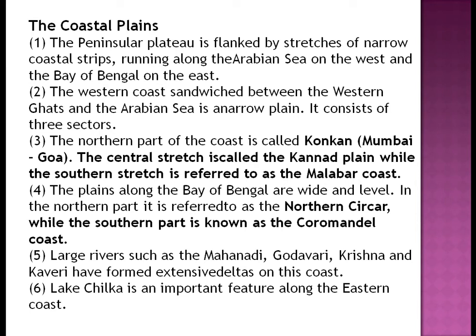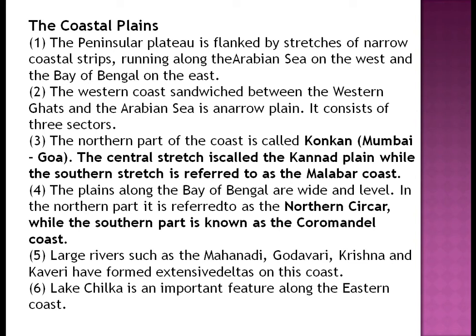It consists of three sectors. And what are they? The Konkan, then the central stretch that is called the Kannad plain, and the last one is the Malabar coast. Konkan coast, Kannad coast and Malabar coast.